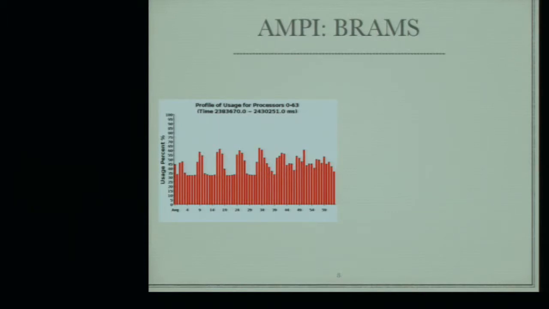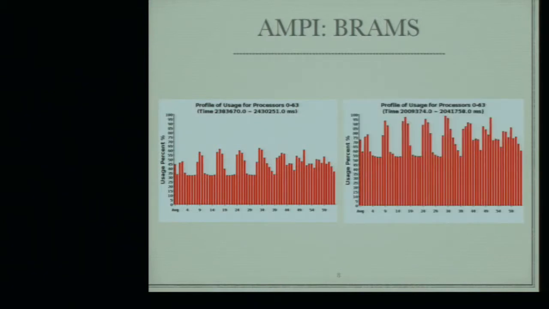those MPI ranks. If we shift this code to AMPI and include over-decomposition, we can overlap the communication cost with computation cost, and we get the figure on the right-hand side. As you can see, we have increased the utilization from an average of 30 to 35% to something like 55%, with some of the processes now being 90% utilized.